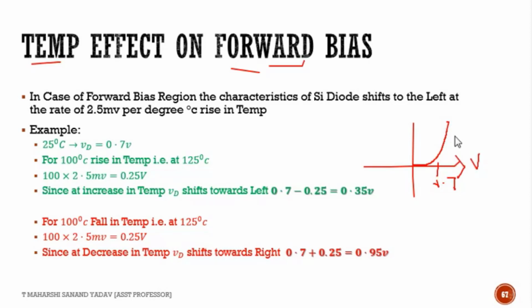On the x-axis we have represented voltage and on the y-axis current. So this is nothing but ID or VD. Or for better understanding, in the forward bias you can consider this as VF, forward voltage, or IF, right?